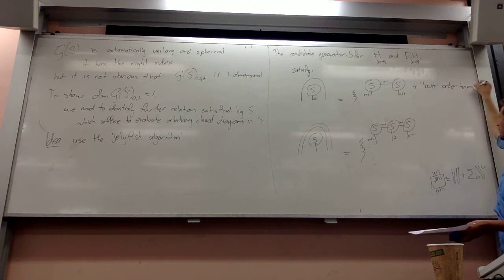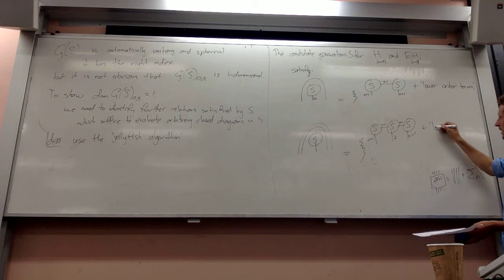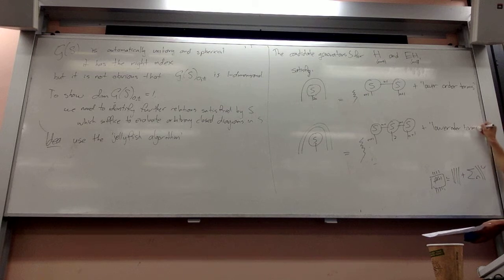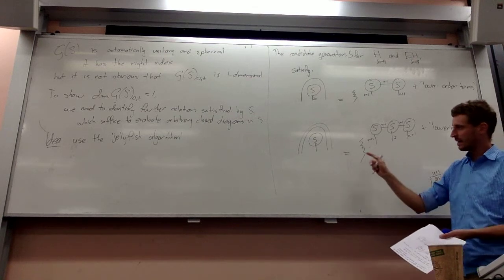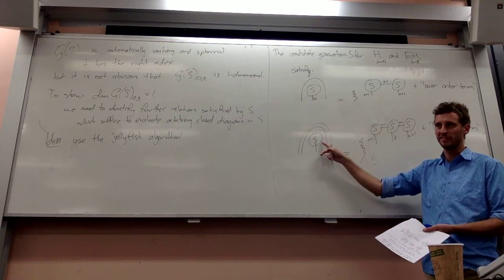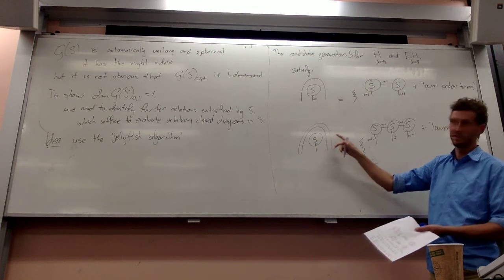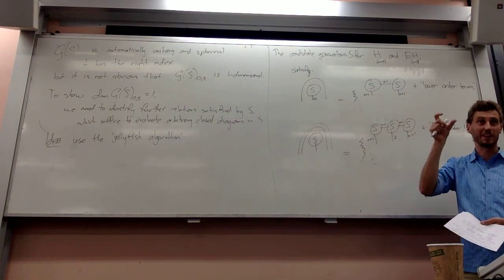And why are they lower order terms? Well, if you took any of these terms where there was a cup or a cap in one of those Jones-Wenzels, that cup and cap would have collided with one of the S's in some way. And remember, there were these relations that said that caps hitting S's gave 0.